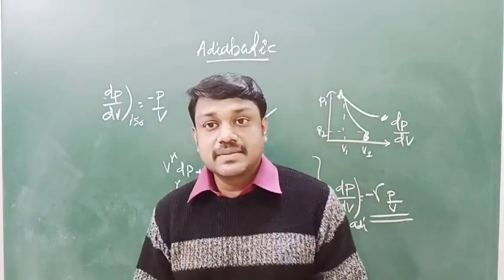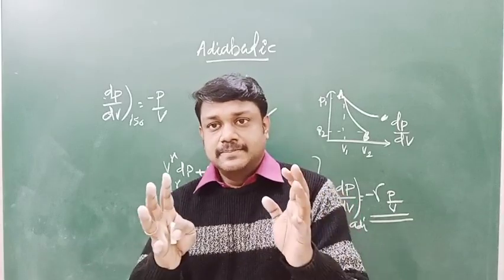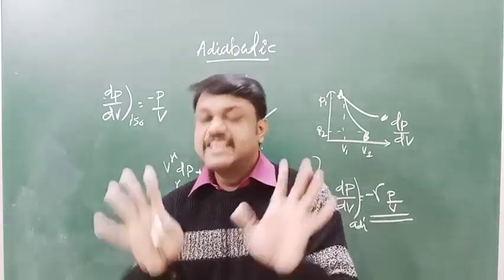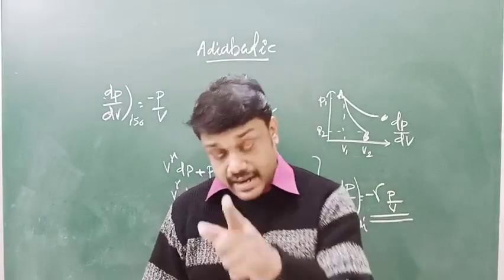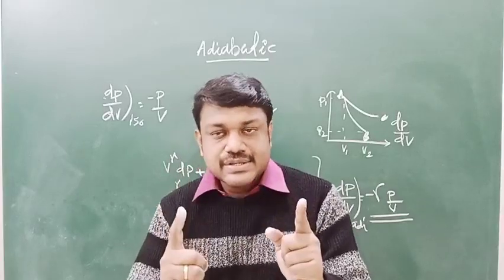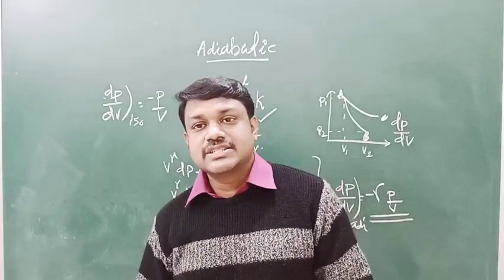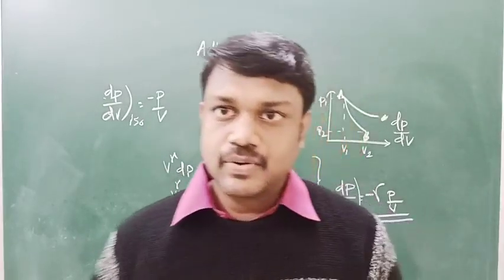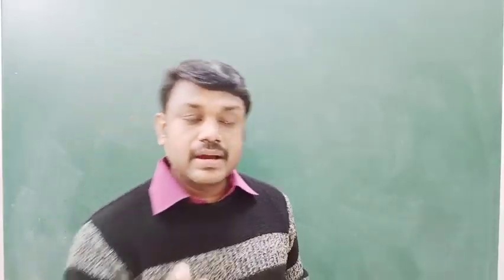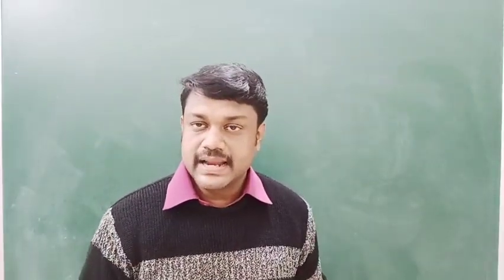So since the temperature remains constant, its internal energy also remains constant. But in an adiabatic process, since the temperature changes, its internal energy also changes. Remember these things. Now we can go for work done in isothermal process and adiabatic process.